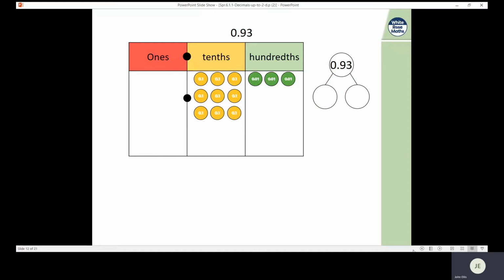If I was to partition this, I'm going to see how many tenths have I got? I've got 1, 2, 3, 4, 5, 6, 7, 8, 9. So in this left-hand circle, I'm going to put 0.9. You can see in this other part I've got 3 hundredths, which I know is 0.01 times 3 is 0.03 in the other box, and they make 0.93.